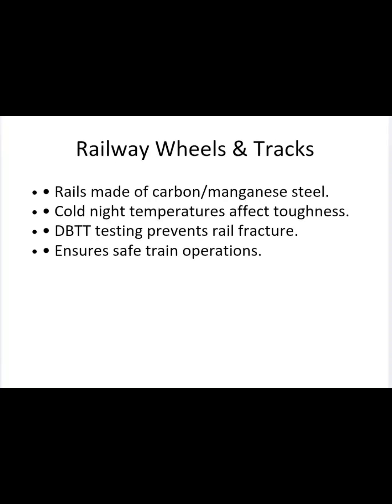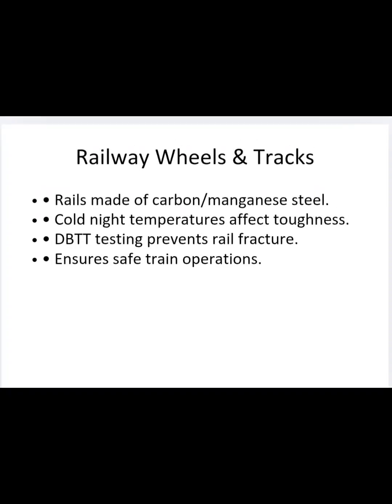Another example is railway wheels and tracks. Railway wheels and tracks are made from carbon and manganese steel. During cold nights, the temperature of rails may drop significantly.